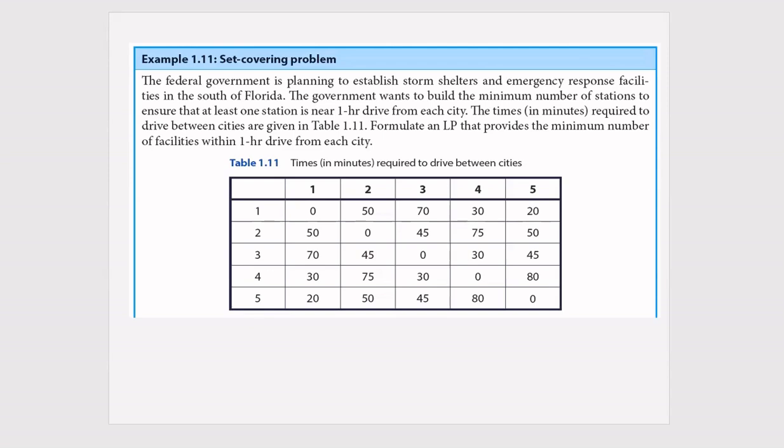So the answer is 5, but you also need to indicate where those 5 are, which in this case is 1 in each city. Another answer is 2 facilities, 1 in city 1, 1 in city 4. Another solution is 2 facilities, 1 in city 3, 1 in city 5. These are all different possible answers.